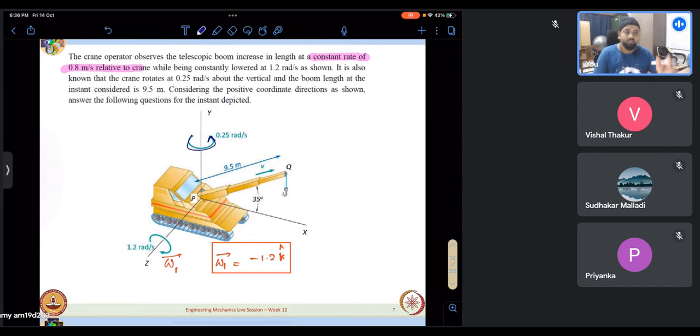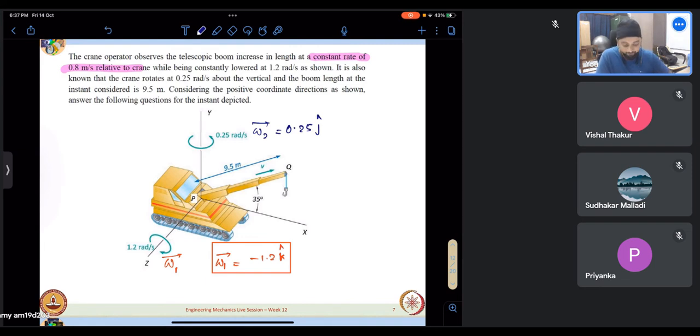The boom first is increasing in length, and then it is also being lowered with minus 1.2 k cap angular velocity, and the entire crane itself is rotating about the vertical with an angular velocity of 0.25. So let us call this omega 2. So omega 2 we can see is nothing but 0.25 j cap.